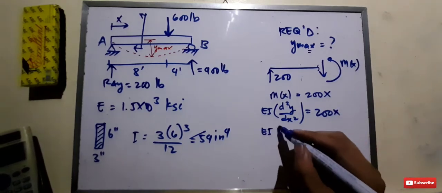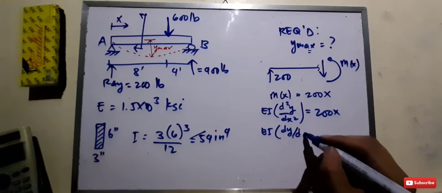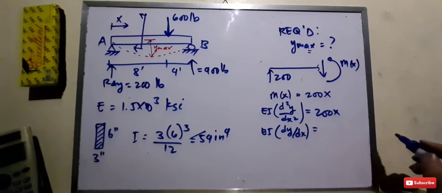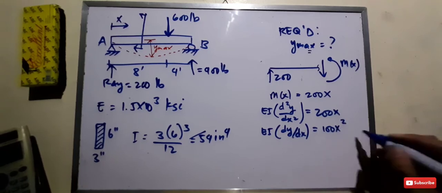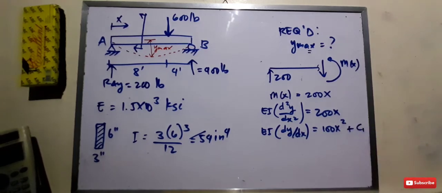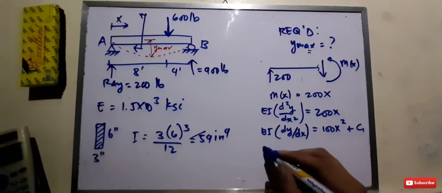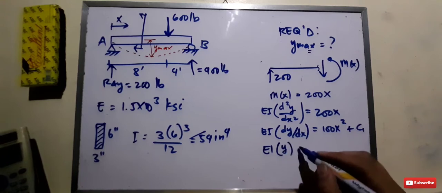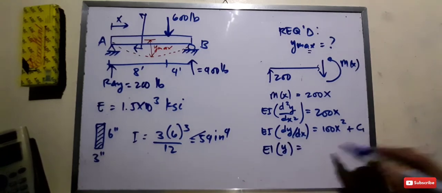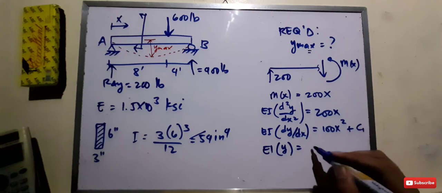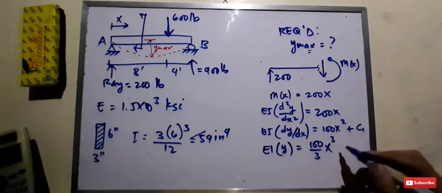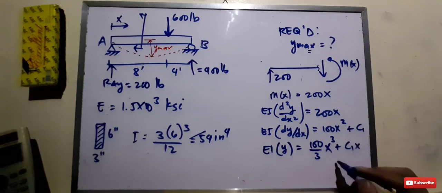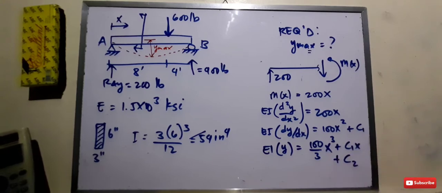First integration, you will have dy over dx equals 100x squared plus c1. Right? Then EI y equals, integrating again, 100 divided by 3 x cubed plus c1x plus c2.